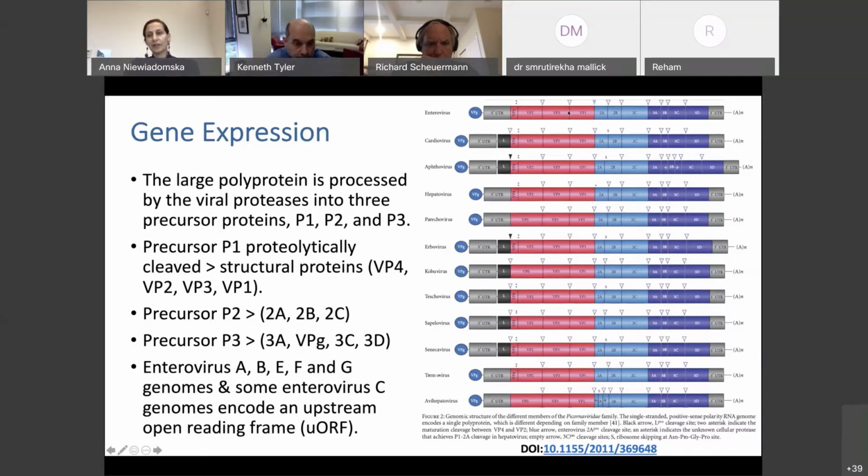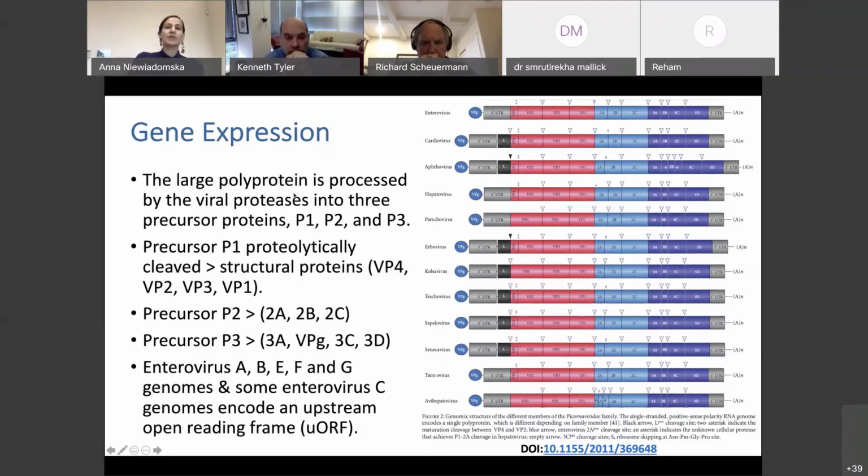So while they might have the same structural proteins that are conserved, if you look in the P2 and P3 region, you can see that there are different cleavage sites, and there's occasionally alternative cleavage. And of course, you have the leader protein that I mentioned in some genera, such as Cardio, Apto, Erbo, Kobu, Tesco, and Sapelo and Seneca virus.